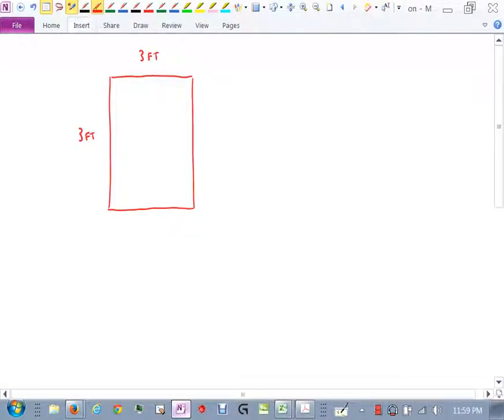What we're going to do is come in here and cut out the corners. Whatever we cut out of one corner, we have to cut out of all corners. Once that's cut out, we're going to fold it along this line, this line, this line, this line. When we fold the sides up, we will get something like this.